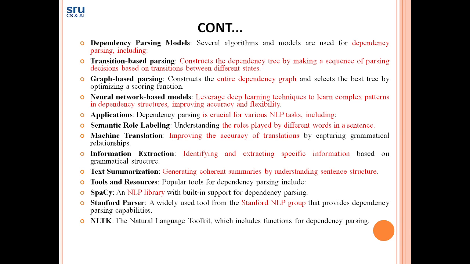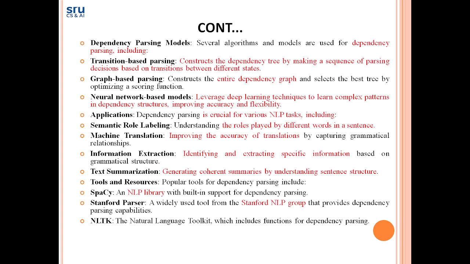Dependency parsing models: several algorithms and models used for dependency parsing include transition-based parsing. It constructs the dependency tree by making a sequence of parsing decisions based on transitions between different states. Graph-based parsing constructs the entire dependency graph.